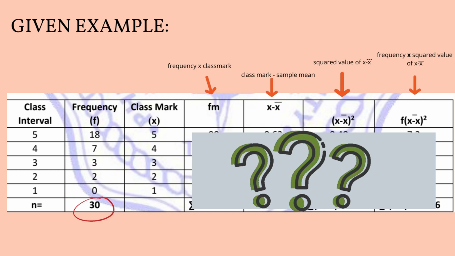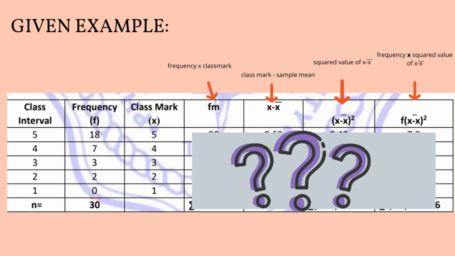So, yung sample mean mamaya i-explain ko kung paano makukuha. And then, for the sixth column, squared value of class mark minus sample mean. Yan. I-square lang natin yung ating fifth column dito sa sixth column. And then, for the last column, frequency multiplied by squared value of our class mark minus sample mean. Okay.